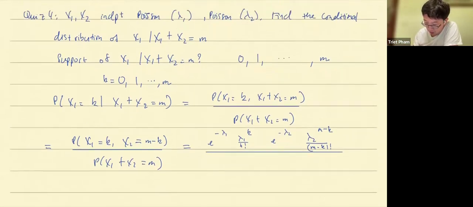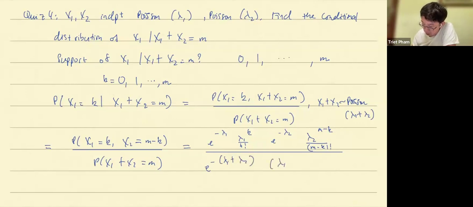So x1 plus x2 is Poisson with lambda 1 plus lambda 2. Therefore, the denominator will be e to the minus (lambda 1 plus lambda 2), times lambda 1 plus lambda 2 raised to the m, over m factorial. Any question?